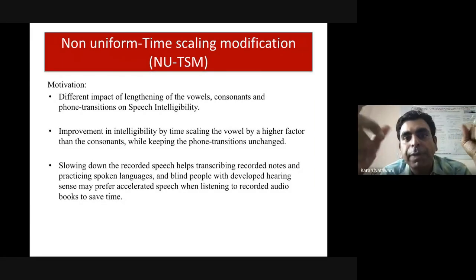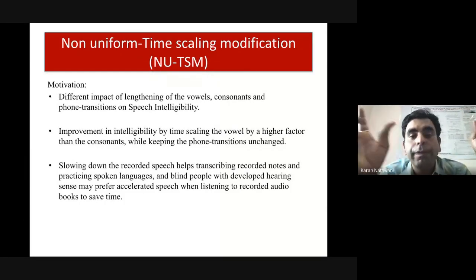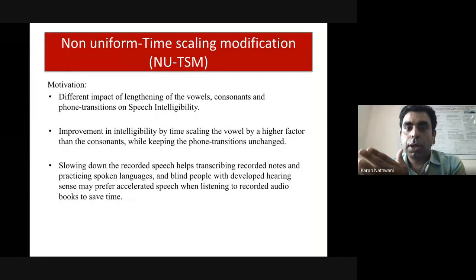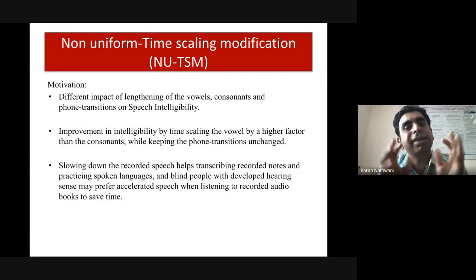But with a slight modification, because time scaling is already there in the literature, but non-uniform. Non-uniform means you have voiced segments and you have unvoiced segments. But in the literature, voiced and unvoiced are scaled by the same amount.